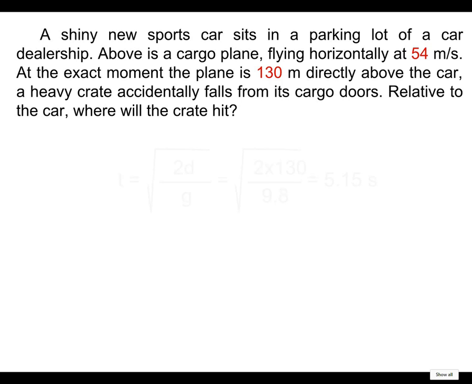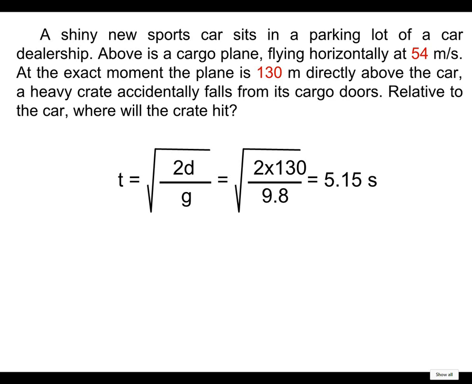Let's see. Once again, we solve for time. We find out how long it takes for the crate or any other object to travel 130 meters down from the plane to the ground. And once we know how long it took to fall 130 meters, we can solve for the distance traveled horizontally.